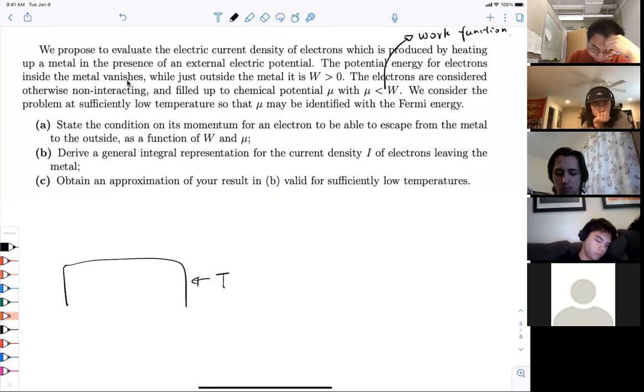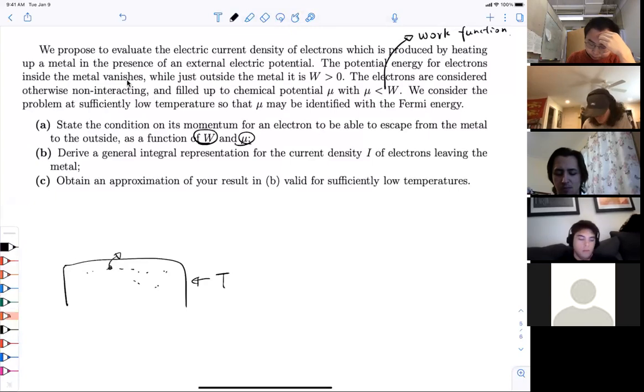So it will excite some electrons outwards and form some current. And in this problem, we basically need to evaluate what this current is, right? We know the work function and we know the chemical potential within this metal.